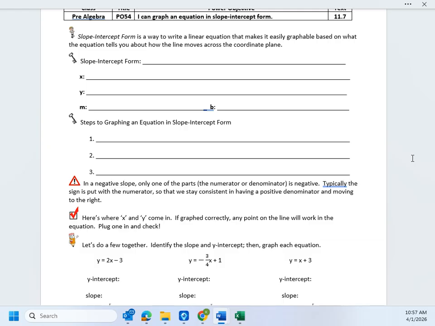So the slope-intercept form, we're going to talk about a lot in this unit. It is y equals mx plus b. Lots of letters. We know what y and x are, right? Those are those from the ordered pairs. So that x is the x value of any ordered pair on the line.